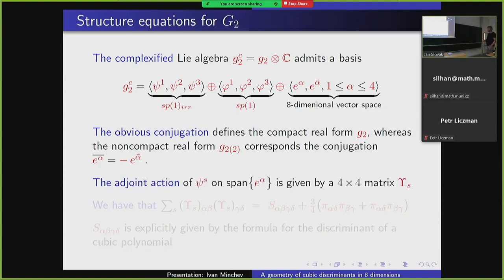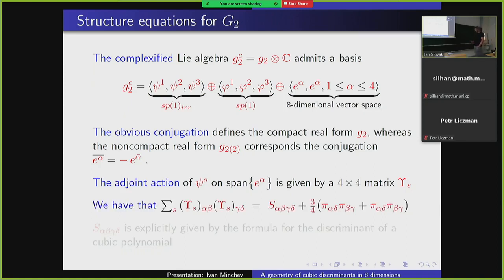And then how to see the cubic discriminant here. The adjoint action of this ψ_s on this eight-dimensional complement actually preserves the linear span of the E_α without the bars. It is a 4 by 4 matrix, denoted by γ_s.